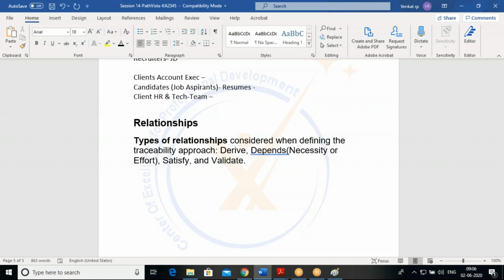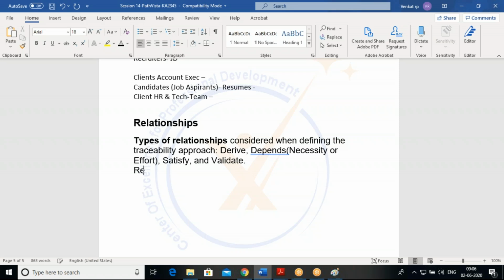Number one, recruiters, job descriptions, then the timesheets and the contribution of a recruiter for one particular JD, and the invoice generation. All these are linked with each other.